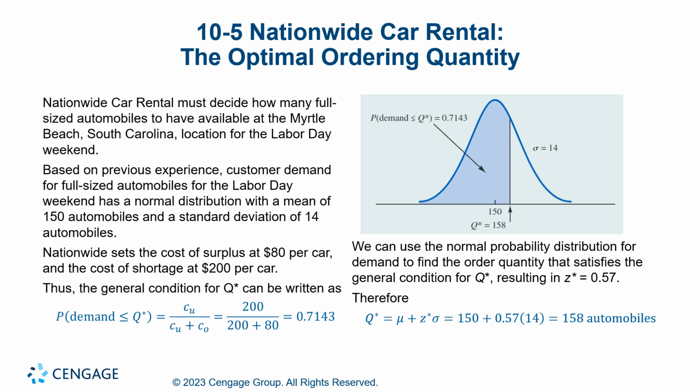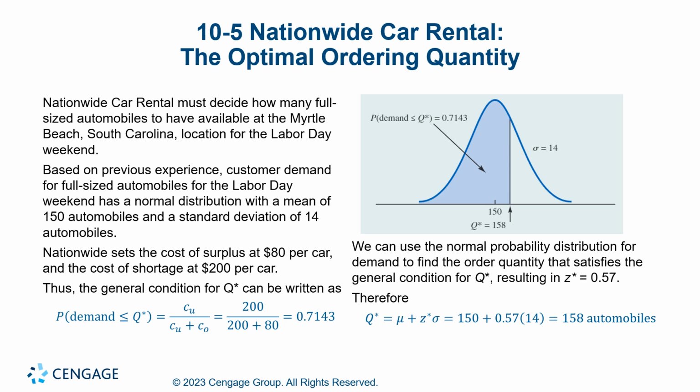The cost of a surplus is the cost of overestimating the demand, and this cost is assumed to be $80 per car, which reflects in part the opportunity cost of not having the car available for rent elsewhere. If Q is less than the customer demand, then Nationwide will rent all available cars and experience a stockout, or a shortage.